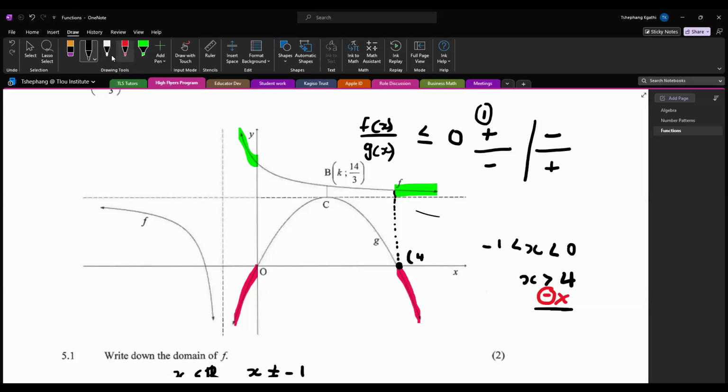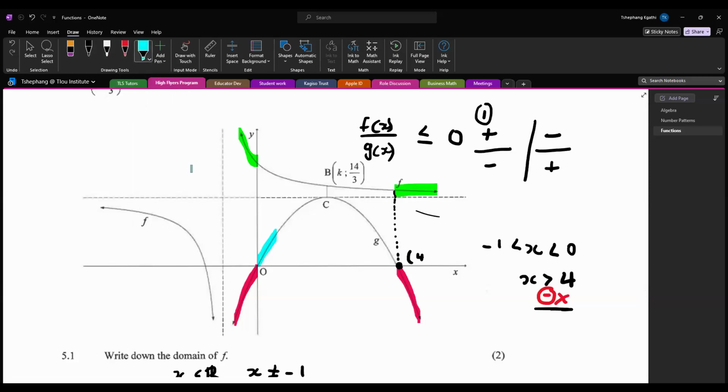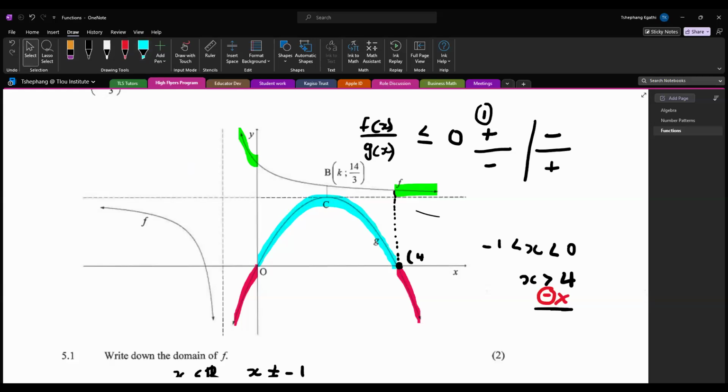Now g is positive in this interval, so top of the x-axis. And in that same interval, is there a place where f of x is negative?